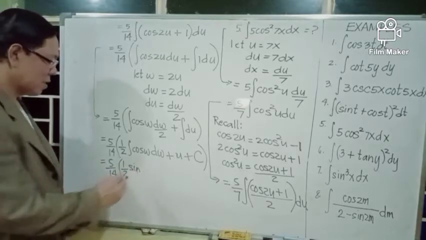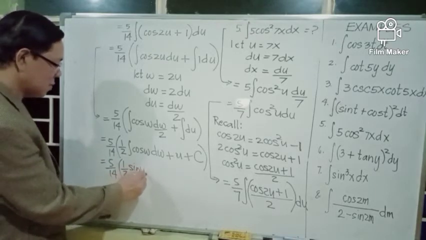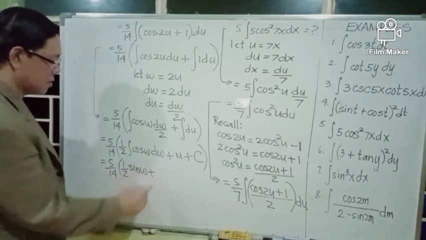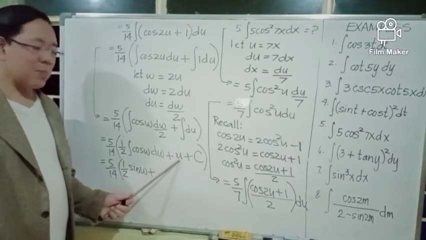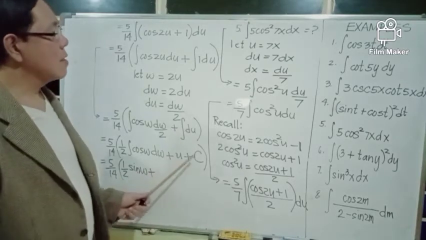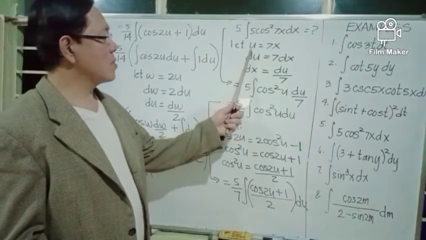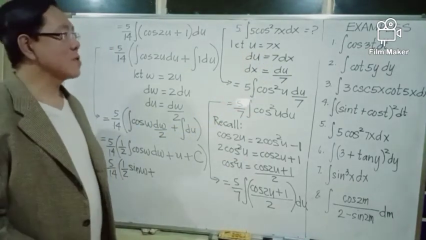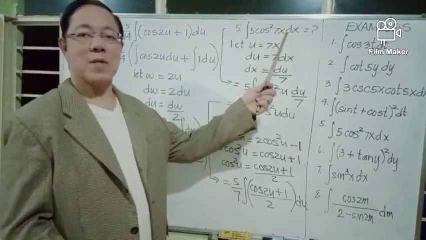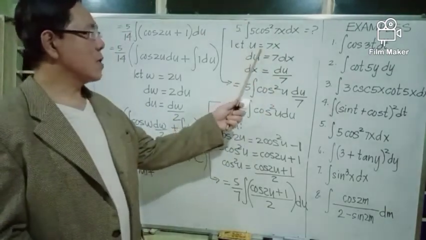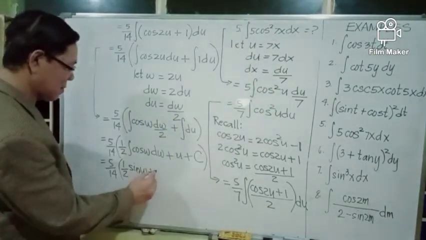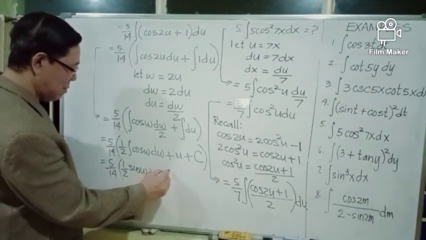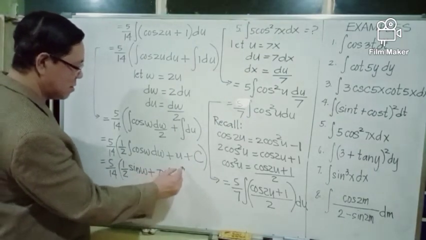Our variable of integration is w. Plus, here we now replace u with the substitution we used earlier, u equals 7x, to write the answer in terms of the original variable of integration x. Plus C.